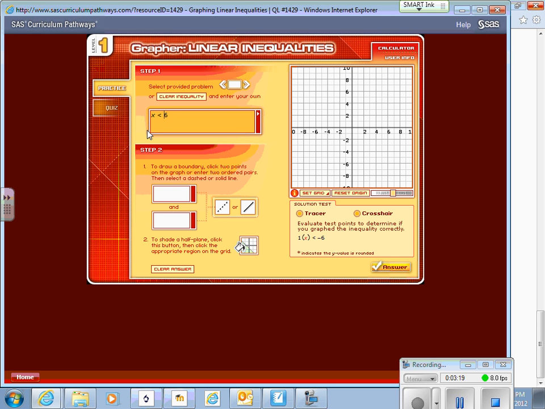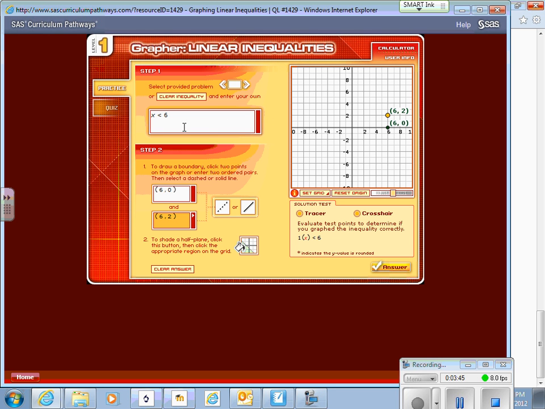X is less than 6. Well, the x-axis is the horizontal axis, so I'm going to go to 6 on the x-axis. Well, x still has a value of 6 above and below that, so I can choose any point either above or below that and make a line.